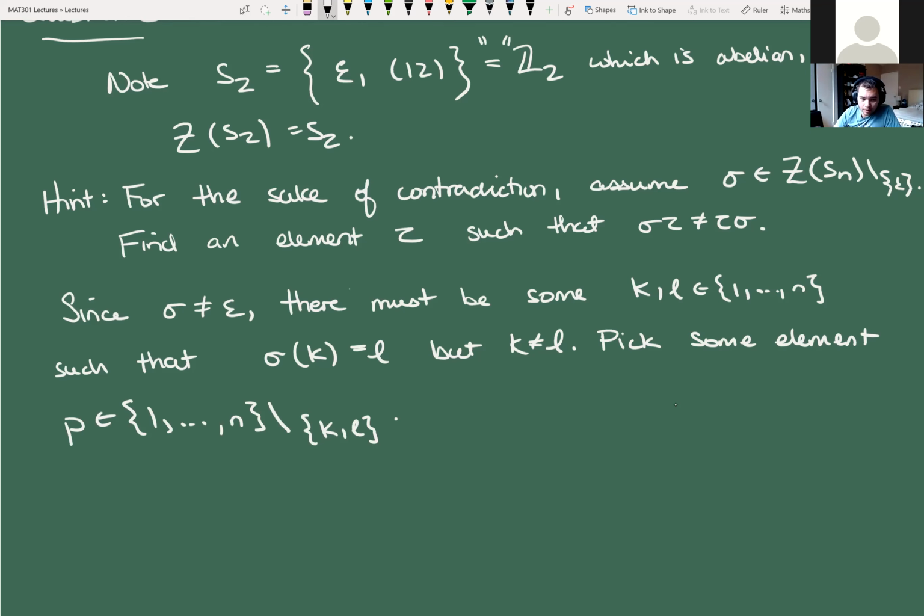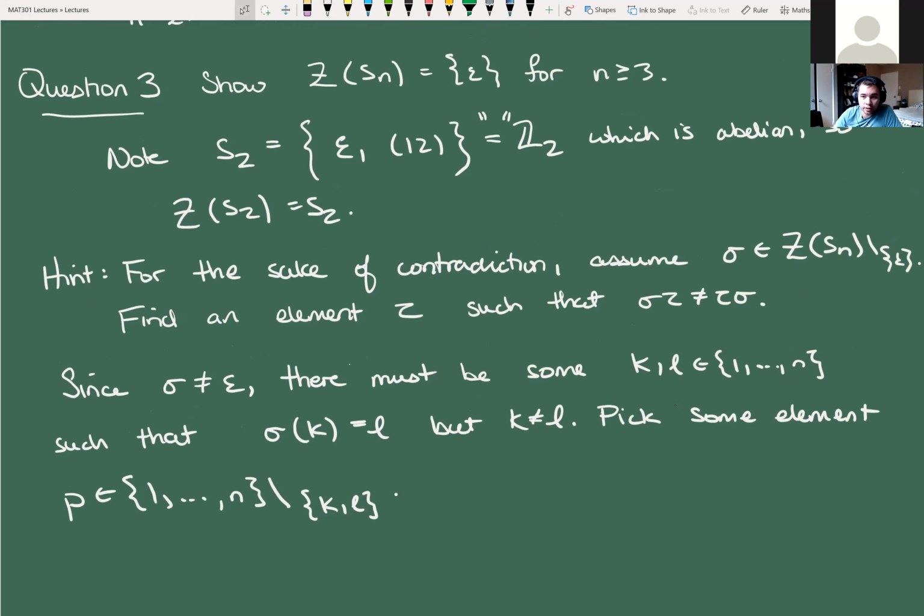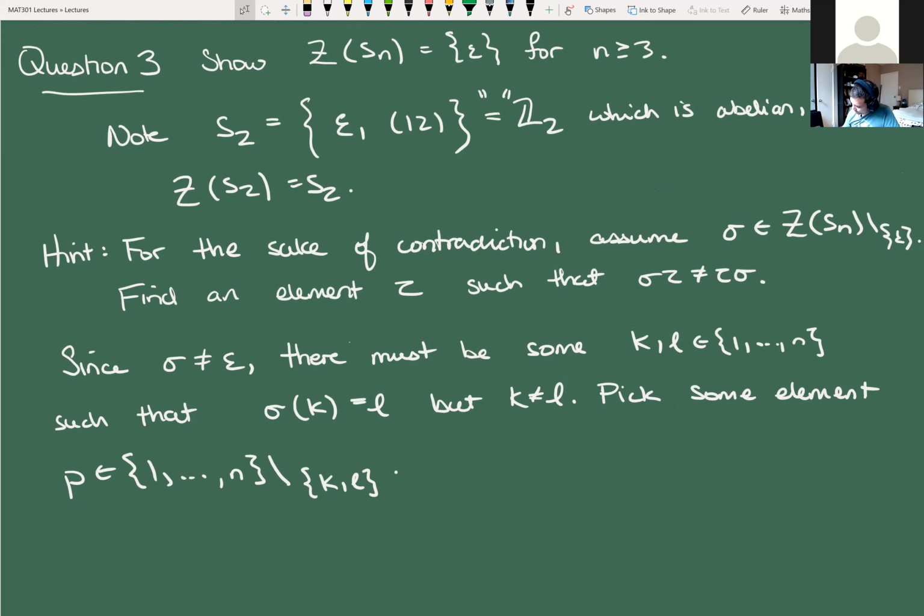Why can I find an element in the set 1 through n that is not K or L? Like what assumption did I make in the beginning of the question that allows me to do this? And notably, why does this not work in the case of S2? Exactly, because n is greater than or equal to 3, right?